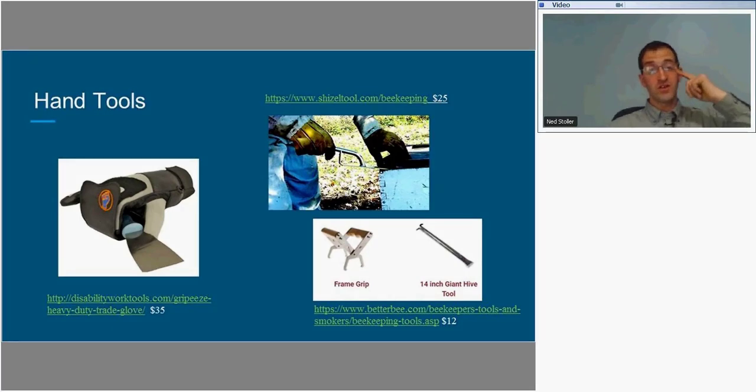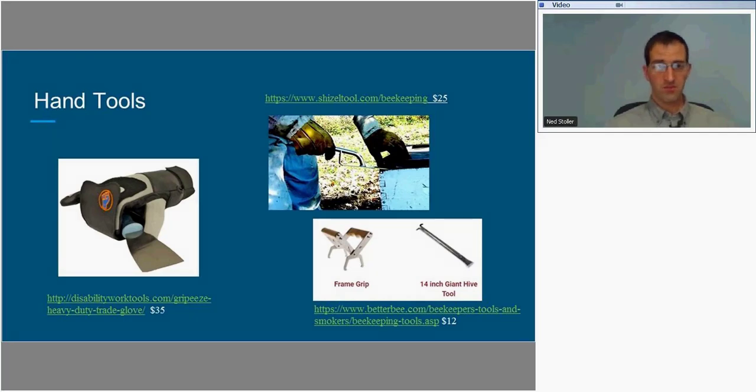The chisel tool, available from chiseltool.com, is $25. It's a little bit more ergonomic of shape, and it is also a very useful long-handled tool to pop apart the frames.